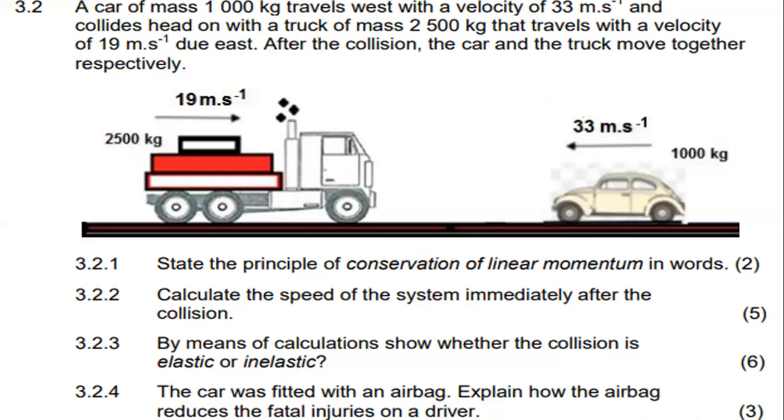If we see that the total kinetic energy before the collision is equal to the total kinetic energy after the collision, then we will say the collision is elastic. But when we look at them and we see that they are not equal, then we will conclude that the collision is inelastic. Now, let us go to that particular question.